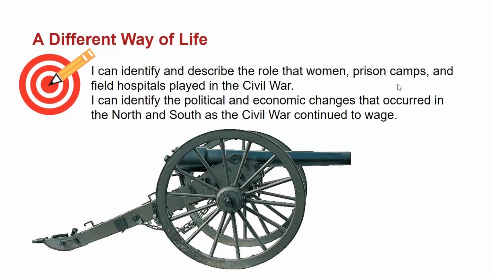Then we're going to wrap up this video talking a little bit about some of the political and economic changes that are starting to occur in the North and the South as the war continues to wage. We'll get into more of the battles in our fourth video, and then our fifth and final video, in which we start to highlight the latter part, the turning points, as well as the end of the American Civil War.